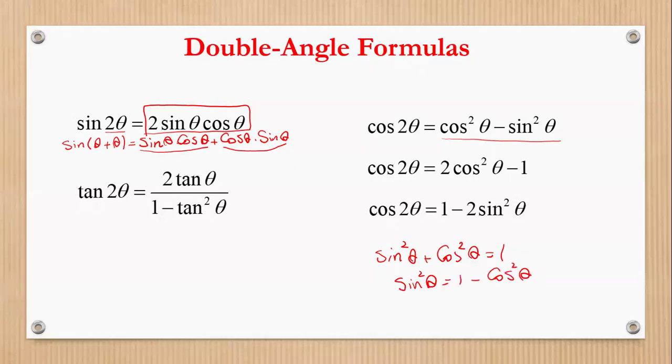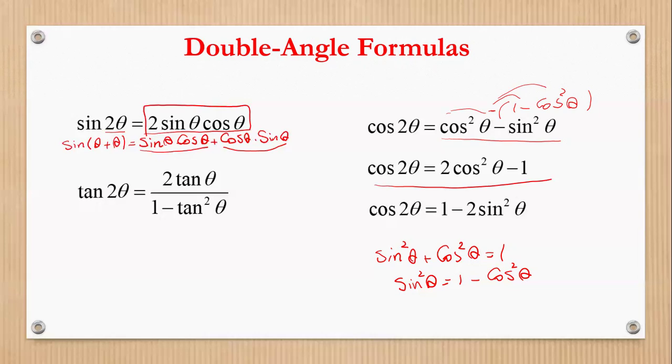If you replace the sine square by 1 minus cosine square, and then distribute the negative, and then combine with the cosine square, you will get 2 cosine square minus 1.